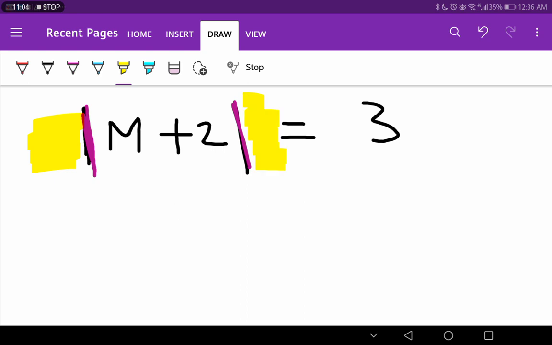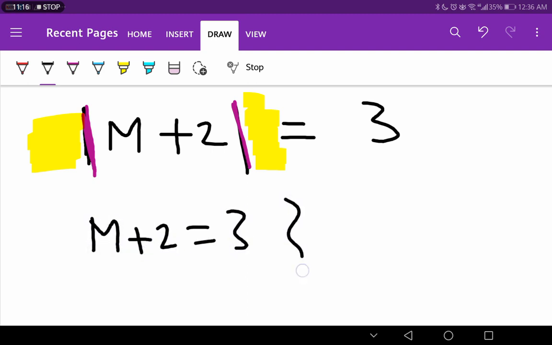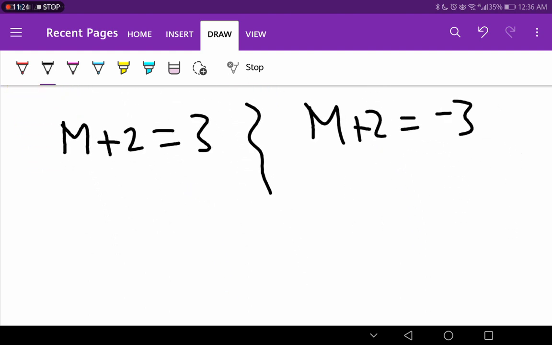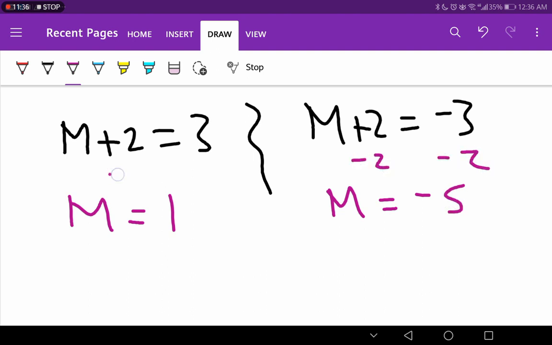Is there anything in front or back of the bars? No, so you can break like this: 1 times (m + 2) equals 3, and 1 times (m + 2) equals -3, and then you solve each equation individually. So m equals 1 or m equals -5, because -2, -2. Are you happy with that?